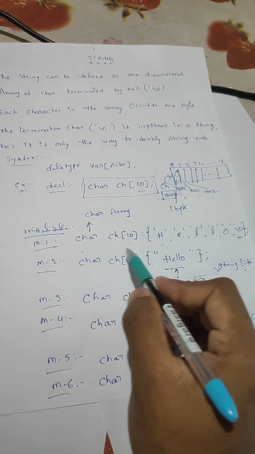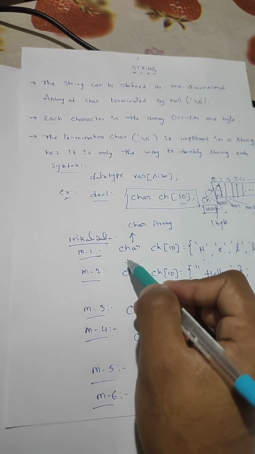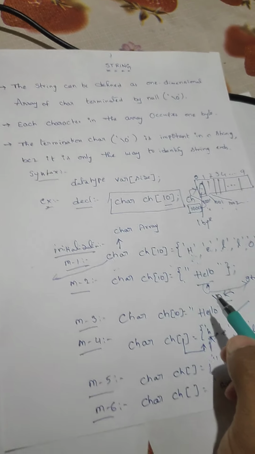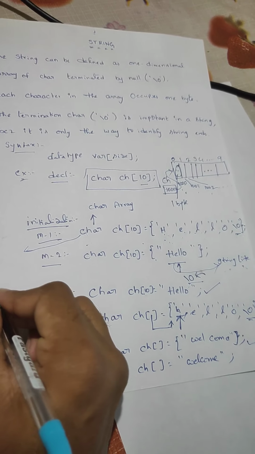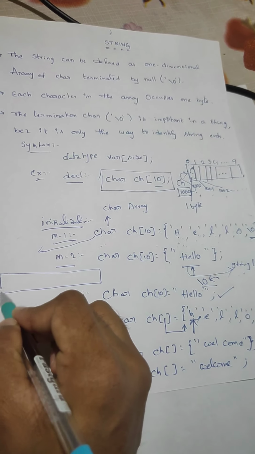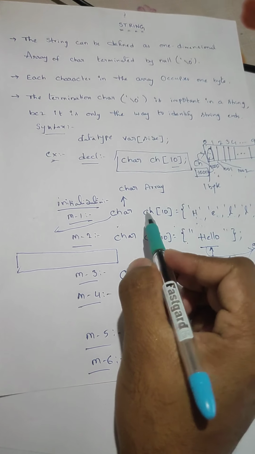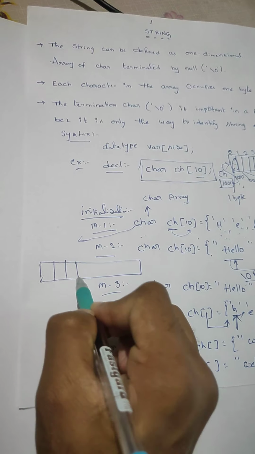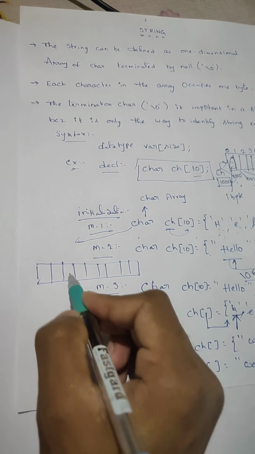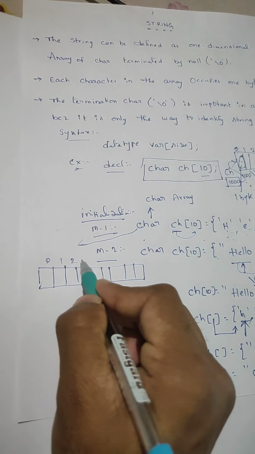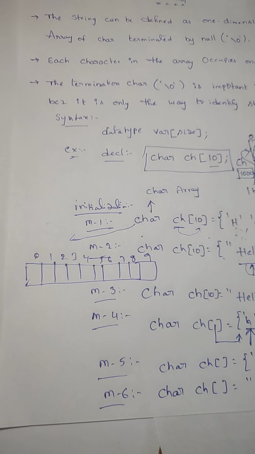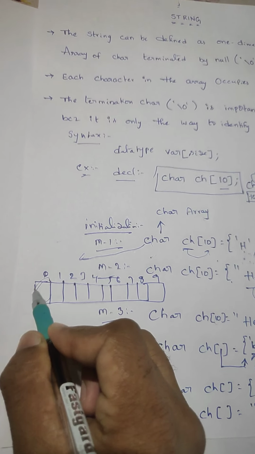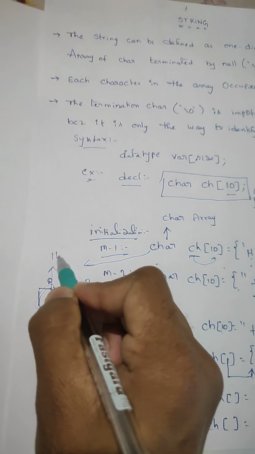After declaration and initialization of method 1, how is the memory created? The size of ch is 10. The total size of the ch character array is 10, with indexes 0, 1, 2, 3, 4 up to 9, and each block allocates 1 byte of memory.